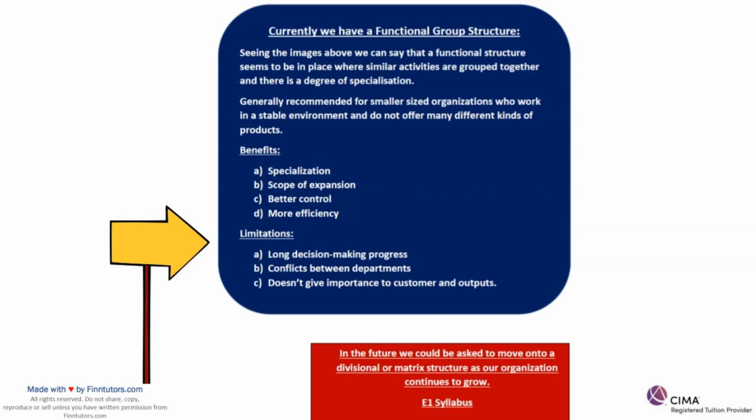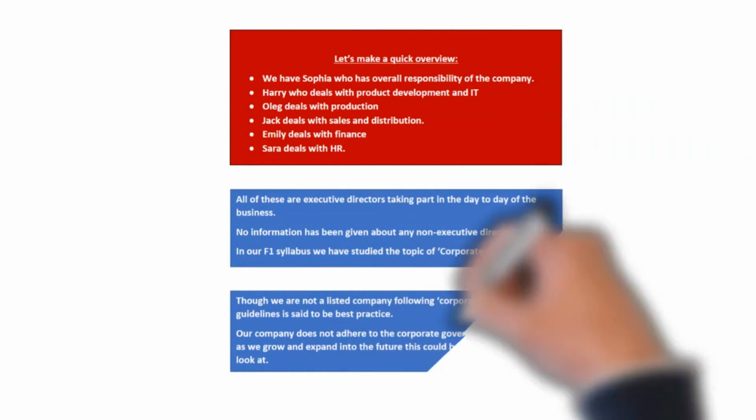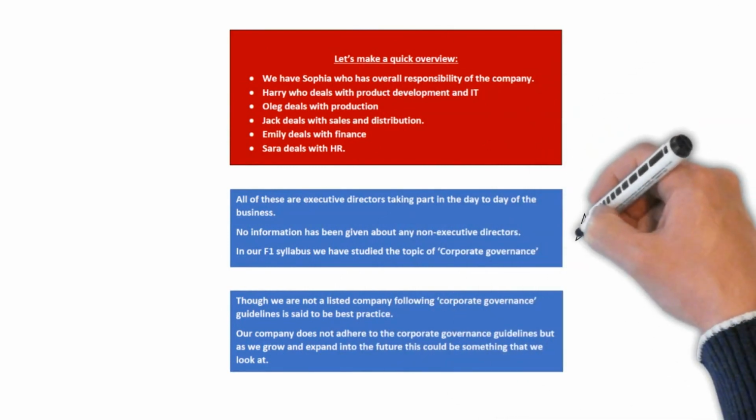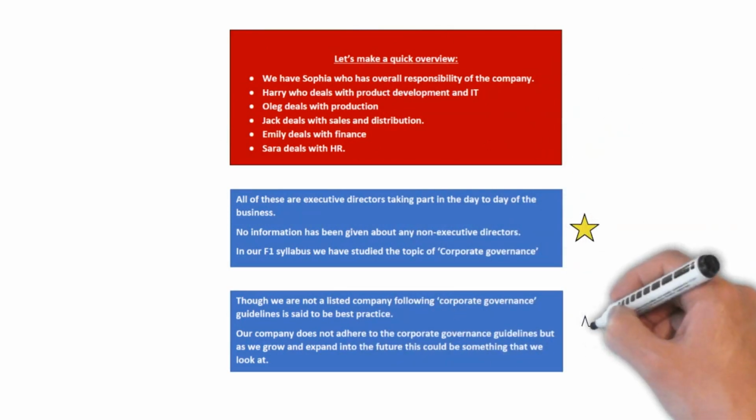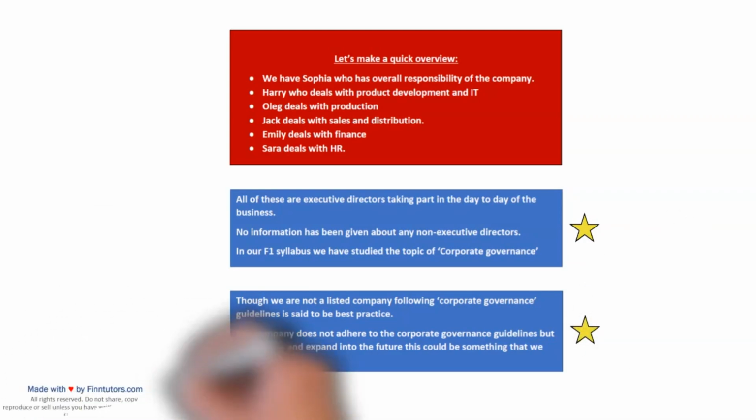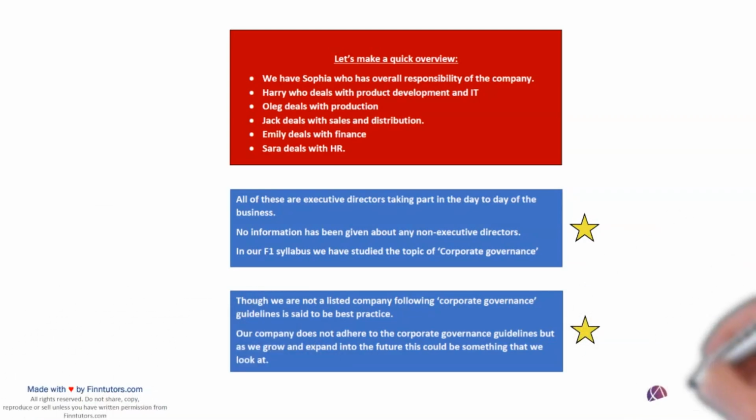So making a quick overview now, we can say that we have Sophia, who has the overall responsibility of the company. She's at the very top. All of these directors report into Sophia, who then makes the decisions. Harry deals with product development and IT. Oleg deals with production.